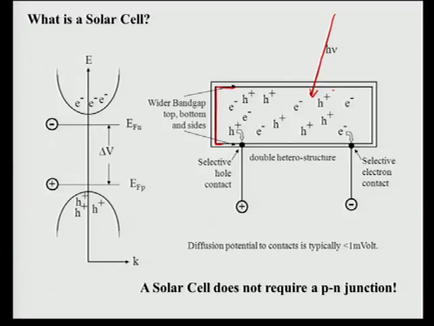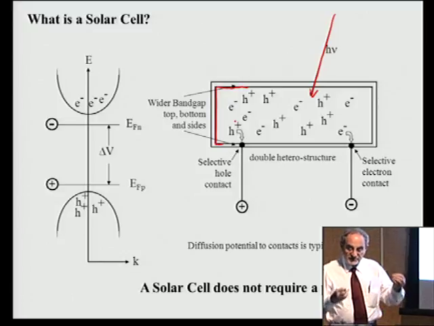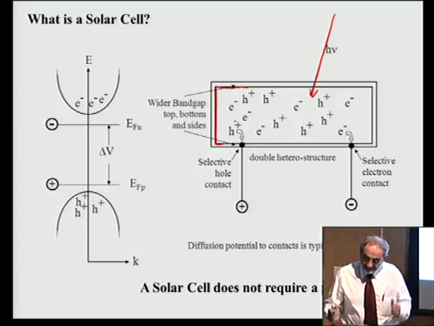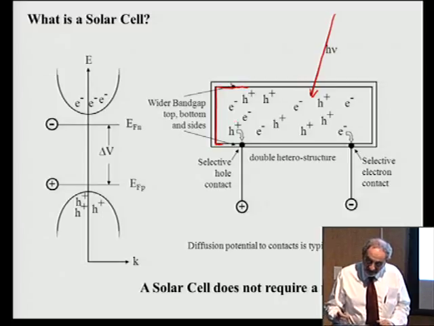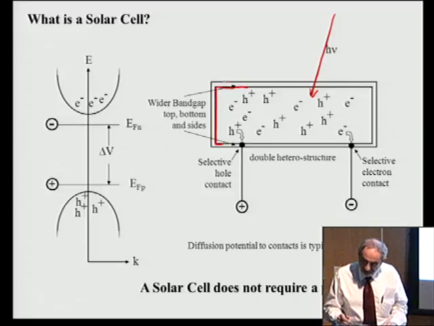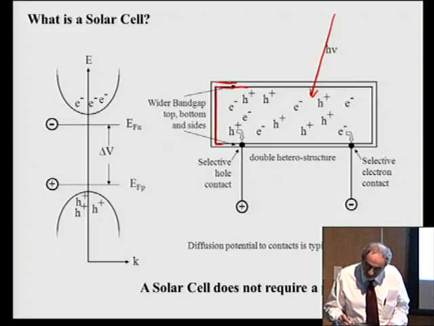Now, what could stand in the way is that the surface of silicon, like most semiconductors, has many dangling bonds. The dangling bonds are like defects, and the electrons and holes will recombine and prevent you from building up a high density. So to eliminate the problem of the surface recombination, you coat the surface with a wider bandgap material so that the electrons and holes can never see the exterior surface.